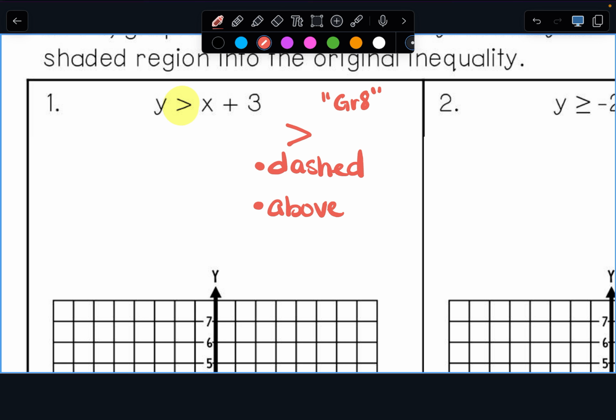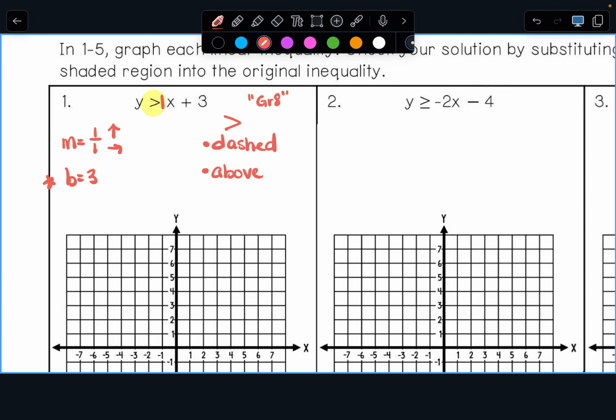Now, in order to graph it, I need two things. I need the slope. I need the y-intercept. What is the slope of this line? Just 1. There's no coefficient in front of x, so that means it's 1. This is a positive 1, so what direction would we go in? Up to the right. What is the y-intercept? And we start by plotting the starting point, the y-intercept.